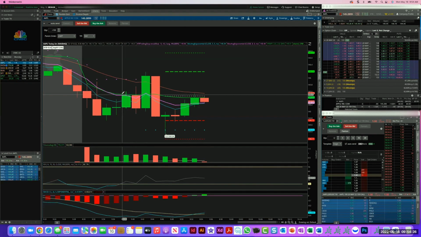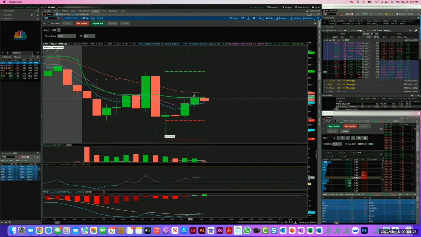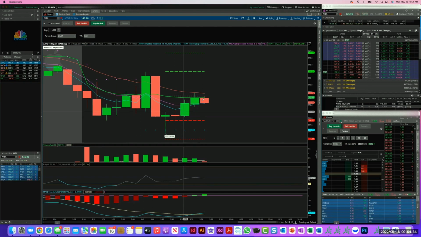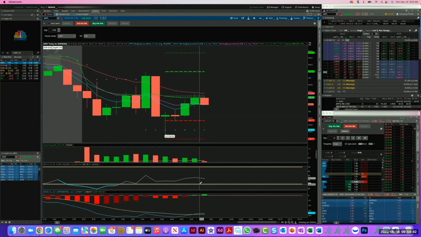It's now hitting the VWAP, so we need to clear the VWAP here, get above this fib level. We do have support. We do have the MACD showing positive signs.